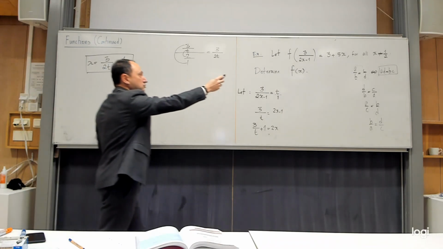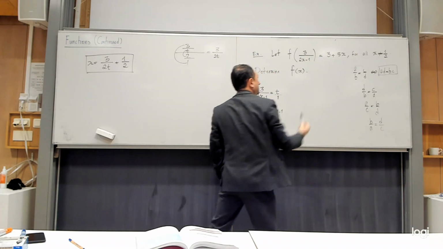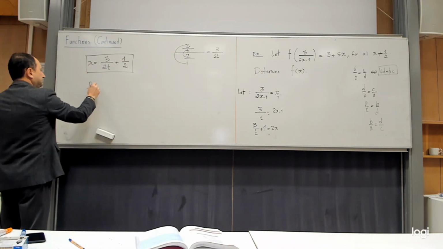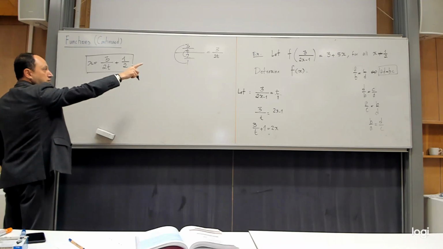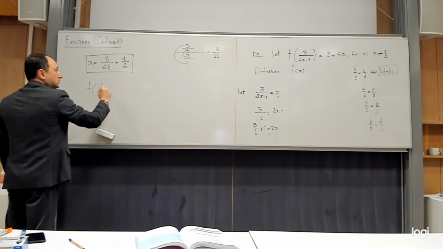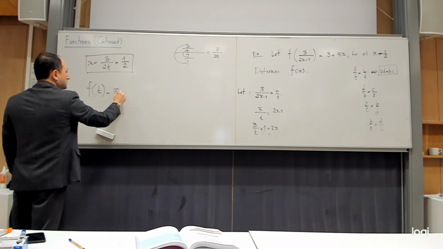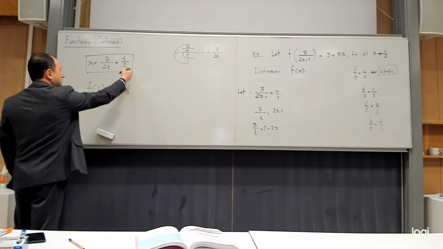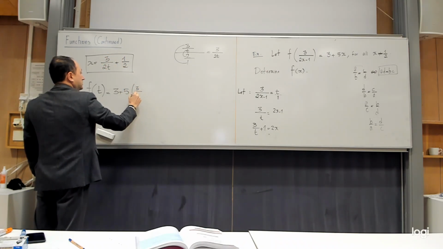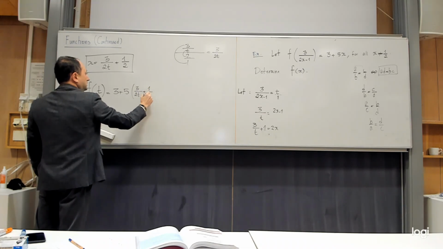I go back to my original equation. Instead of 3 over 2x minus 1, I put t. On the right hand side, I have 3 plus 5, but instead of x, I have to replace it, so this becomes 3 over 2t plus 1 over t.